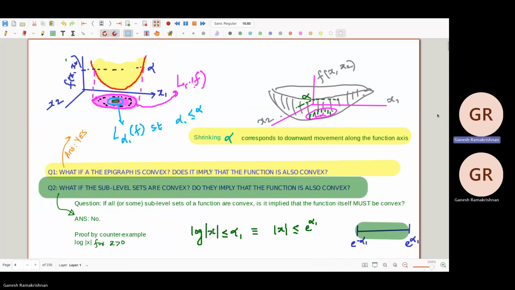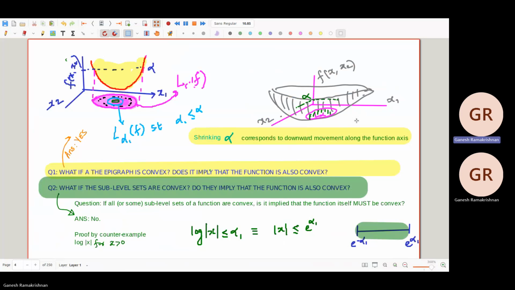However, there's something very interesting going on here. If you take a function like this, alpha is basically saying I put some kind of clip, right? So shrinking alpha corresponds to downward movement along the function axis for a convex function. But what does this mean? To say that all sublevel sets are convex, I can't just dismiss it off. It also looks like a very attractive condition to meet.